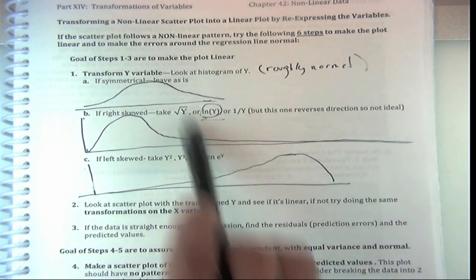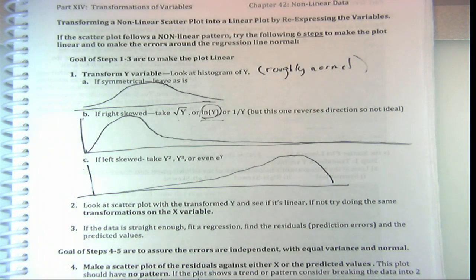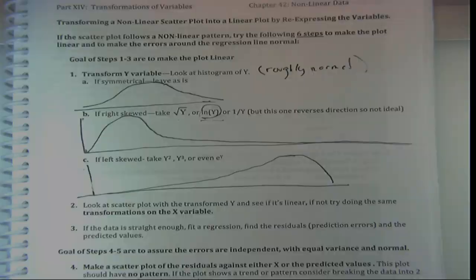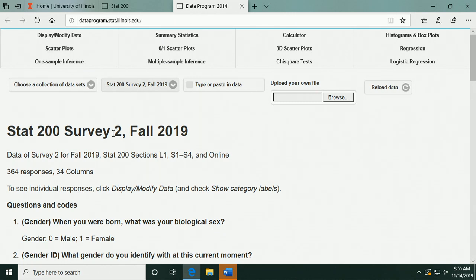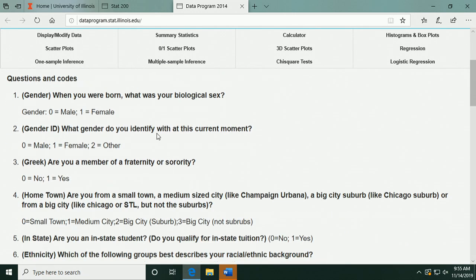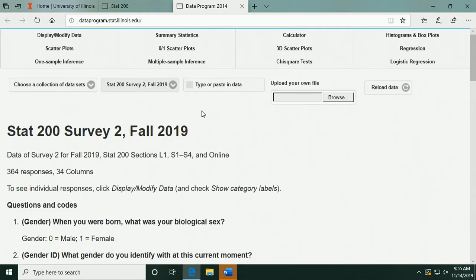So why don't we just take a look at some of our own data, and you'll see what I mean. All right, so right here was our fall, this is your data, survey 2. Let's make the variables that I asked you.